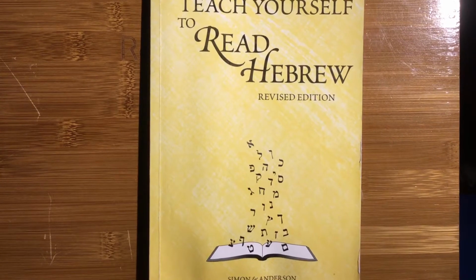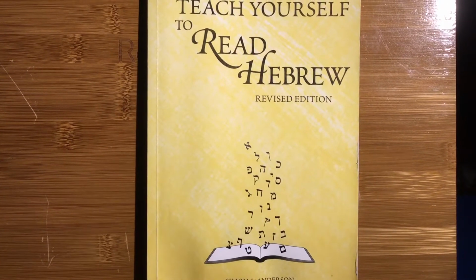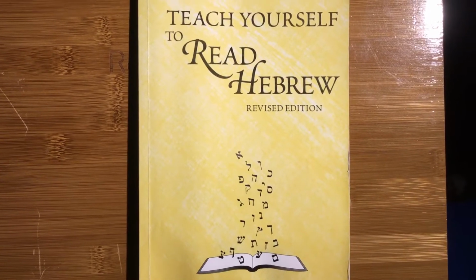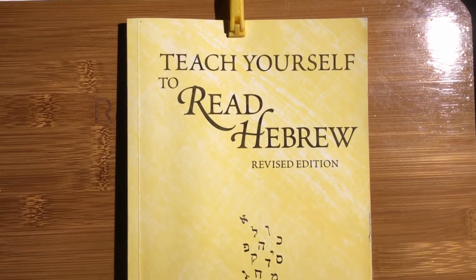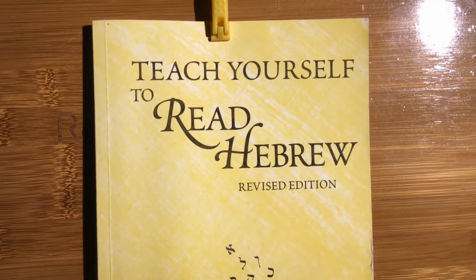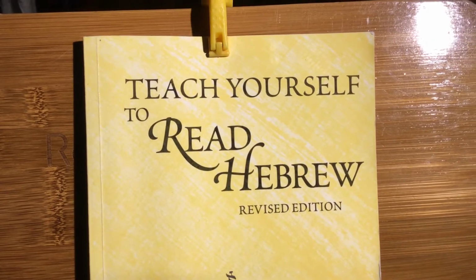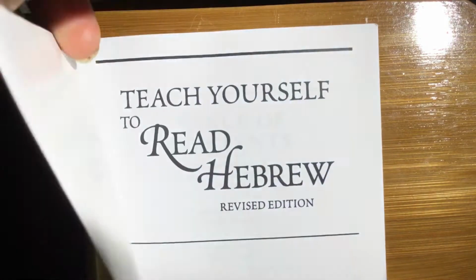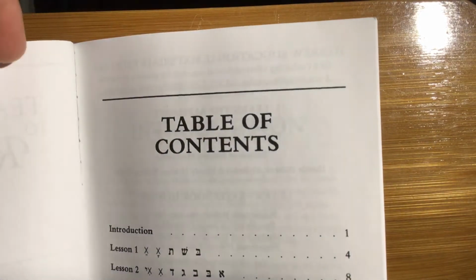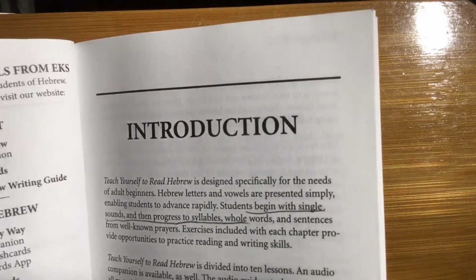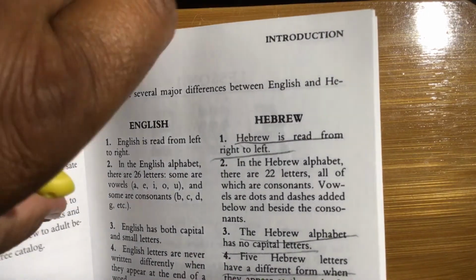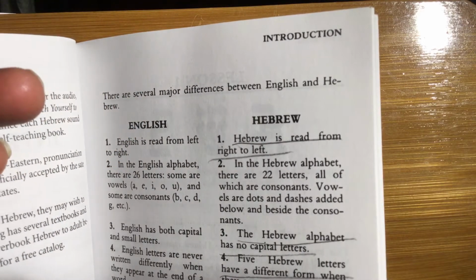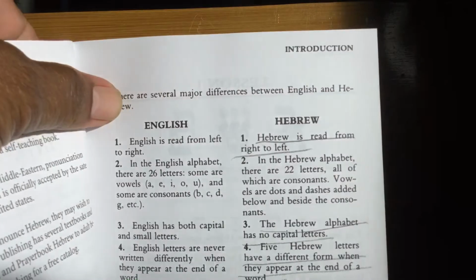I suggest you go on Amazon.com and pick one up and just start reading. I'll show you a few pages in here, how easy and simple this book is. Let me get you over to where I want you to be. Here's the difference between the English and the Hebrew.